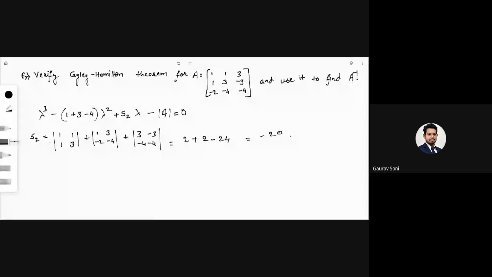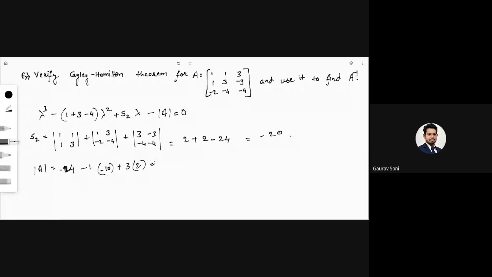Determinant of matrix A is equal to 1 into (minus 12 minus 12), which is minus 24, minus 1 into (minus 4 minus 6), which is minus 10, plus 3 into (minus 4 plus 6), which is 2.